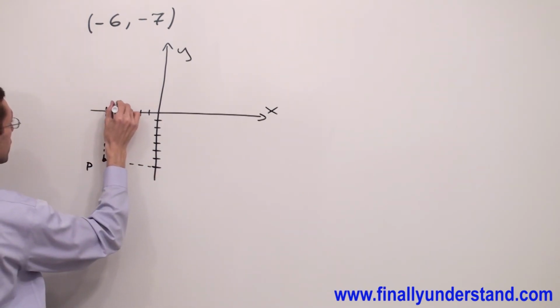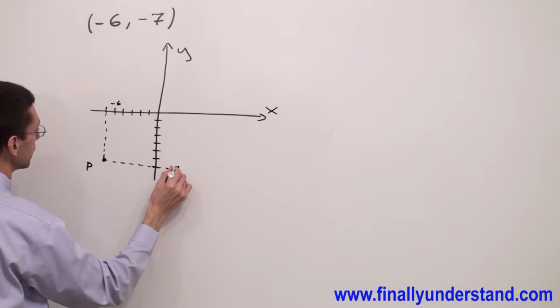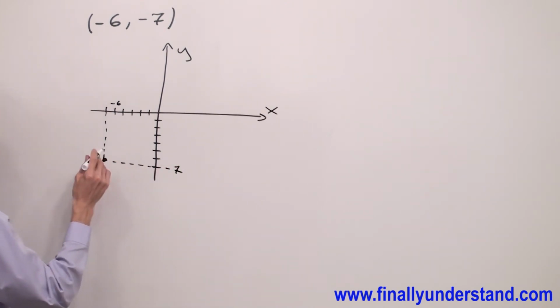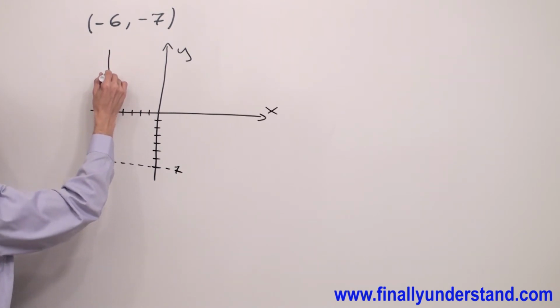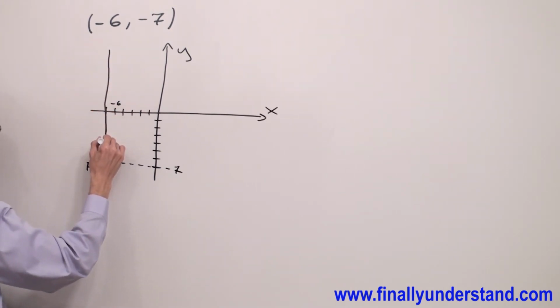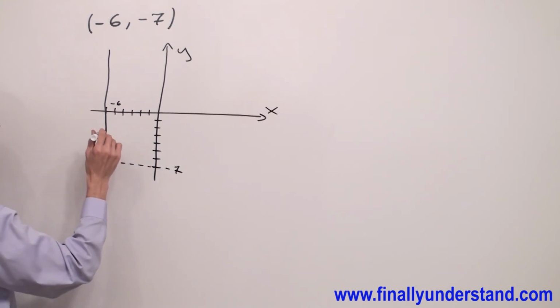-6 and -7. Now, the line is parallel to the y-axis, so I'm supposed to draw the line which is parallel to the y-axis.